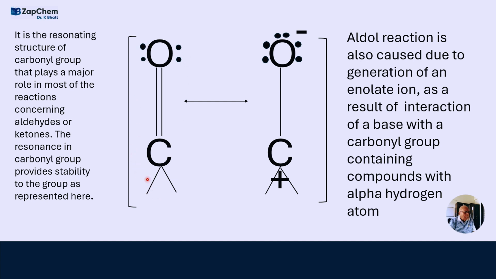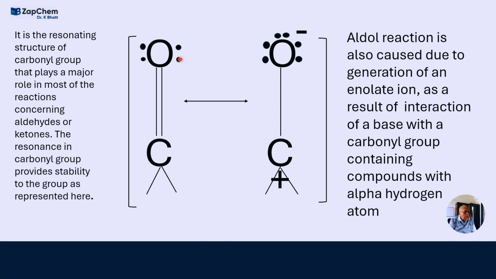Now what happens here, as you find, there is a sigma bond and a pi bond between the carbon and oxygen atom, and the oxygen atom still has two lone pairs of electrons. We know that oxygen is more electronegative than carbon.